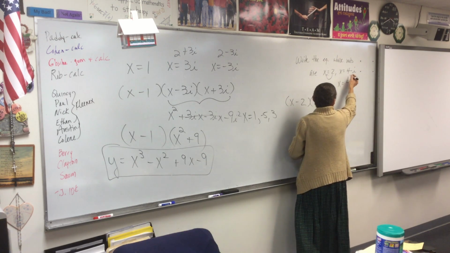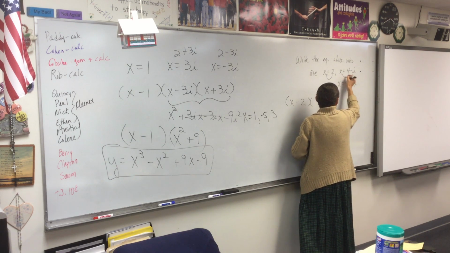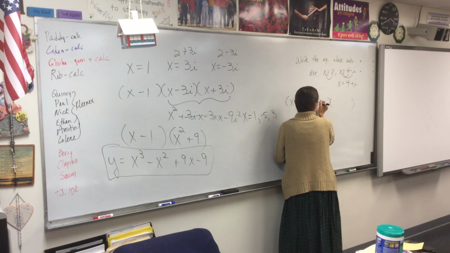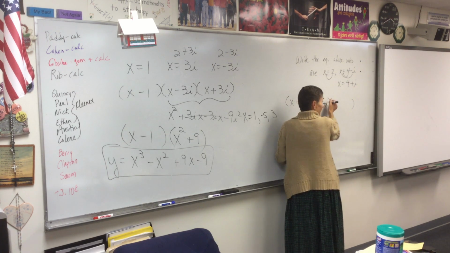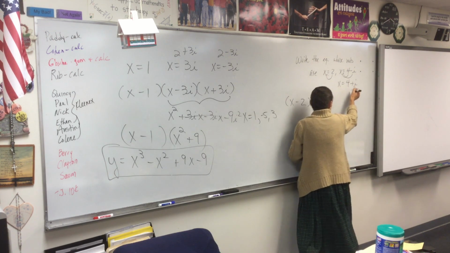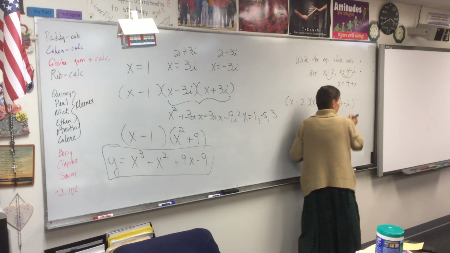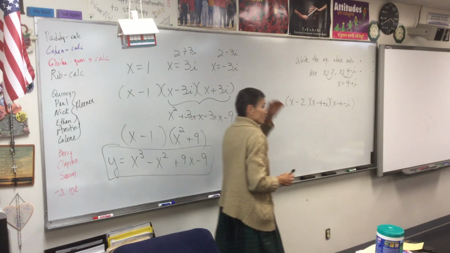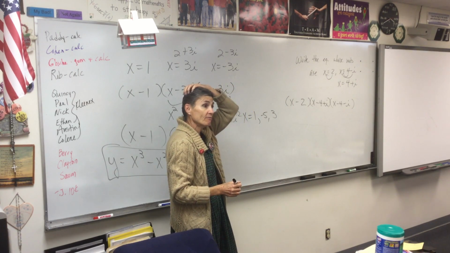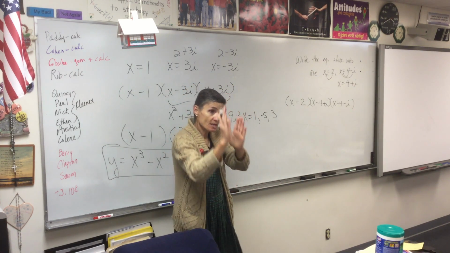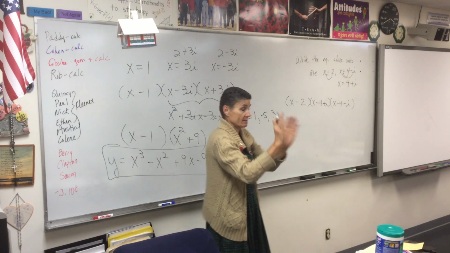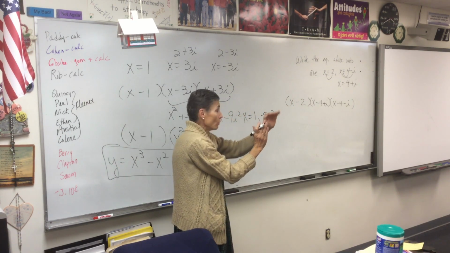So this factor, I'm going to bring these over, so x minus 4 plus i, and x minus 4 minus i. When you write the factor, the number comes over with the x. So everything gets moved over with the x.